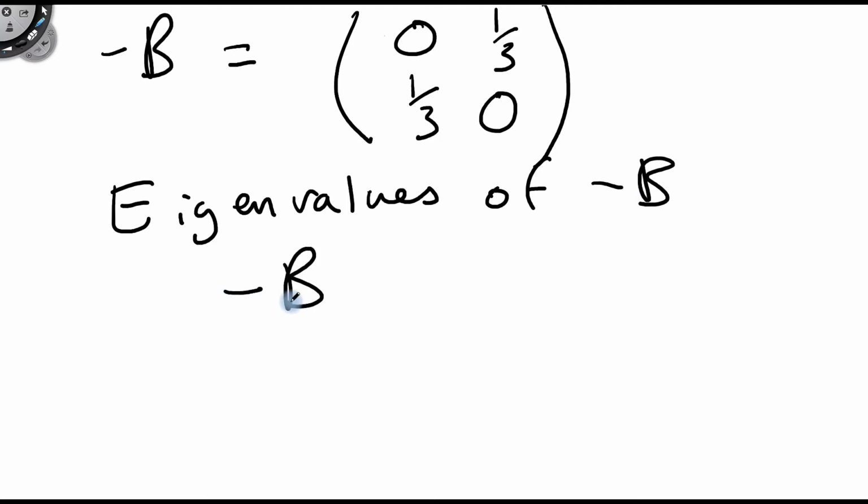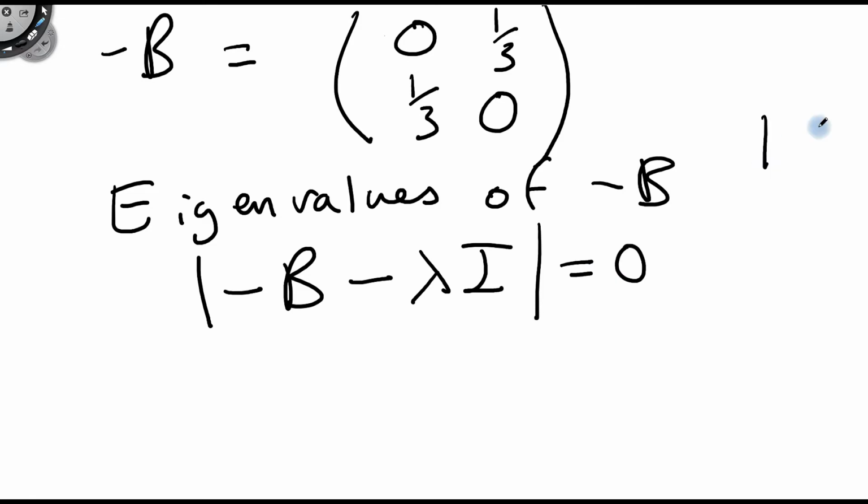So we do the determinant of minus B minus lambda I equals 0.